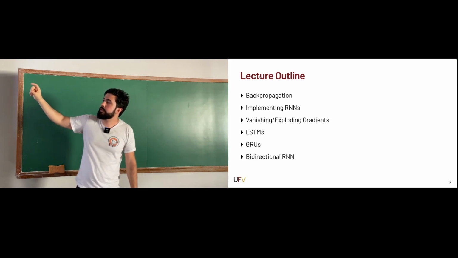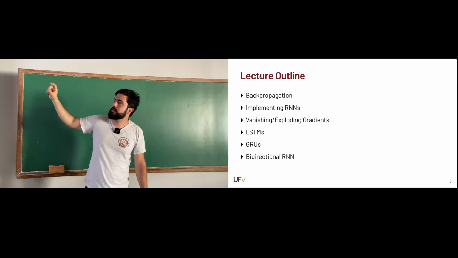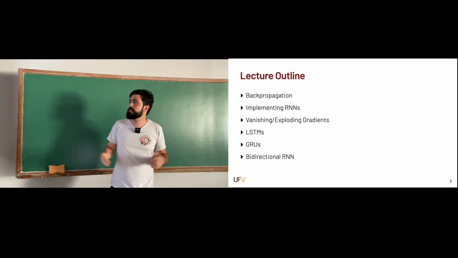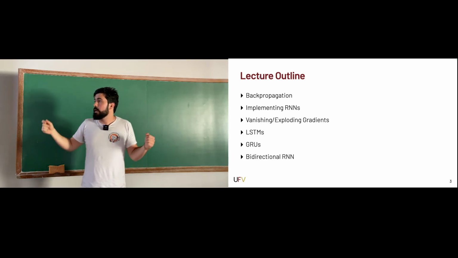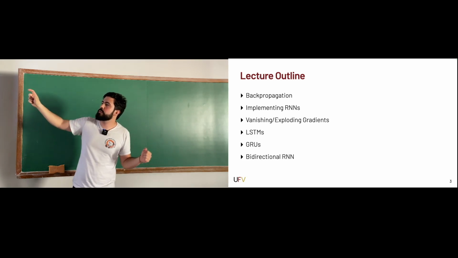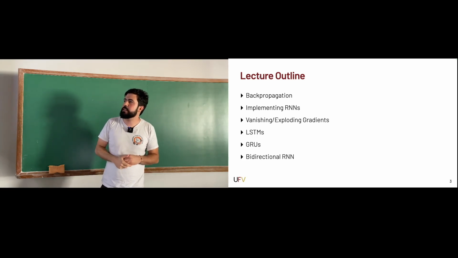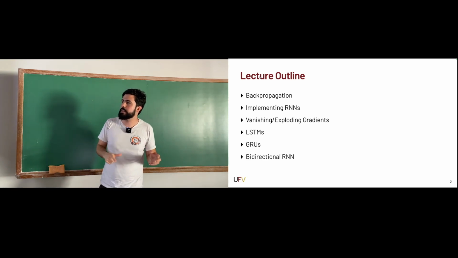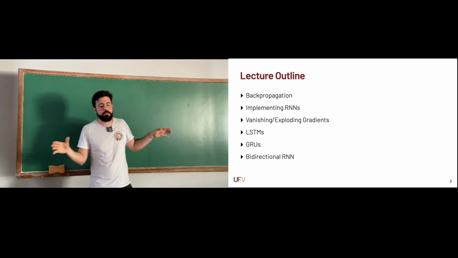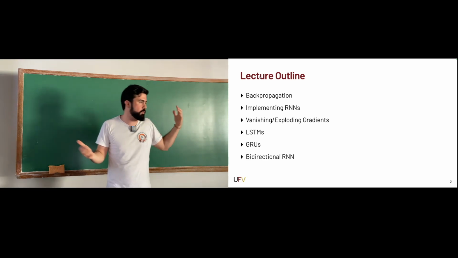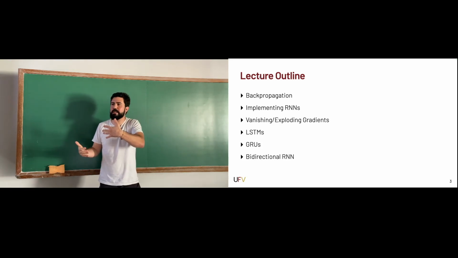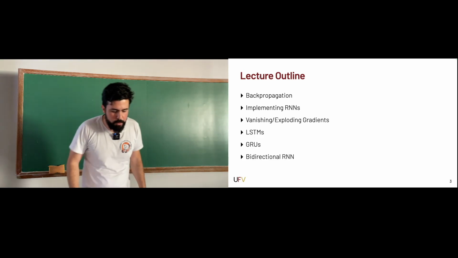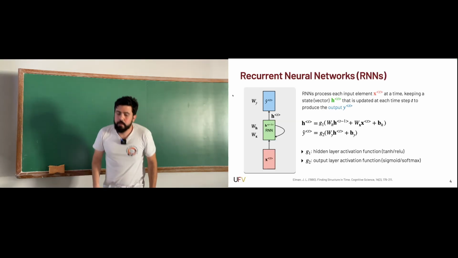Then I'm going to discuss, from that implementation, the problem of vanishing and exploding gradients in RNNs, and show some alternative architectures that we can use to deal with that problem, particularly LSTMs and GRUs. Then we're going to see how to process sequences from left to right and right to left, and how to combine those to form what we call a bidirectional RNN.